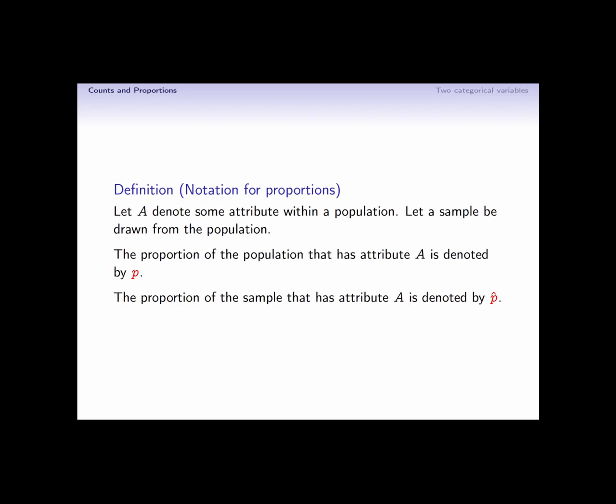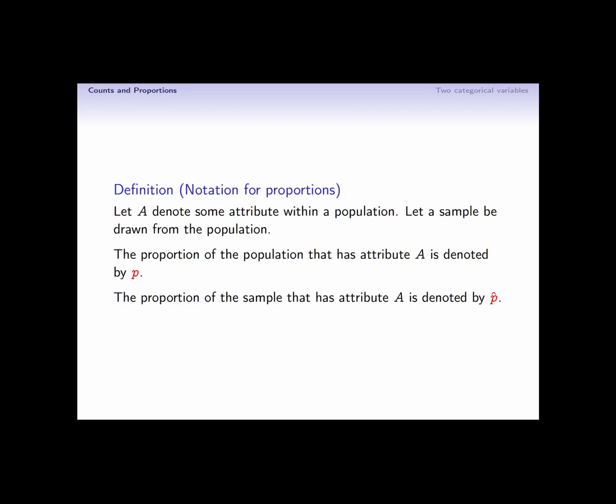So we're imagining the population, and then we're imagining going in and casting a net and pulling out a sample from that larger population. The proportion of the population that has attribute A is denoted by simply P for proportion. The proportion of the sample that has attribute A is denoted by P hat.